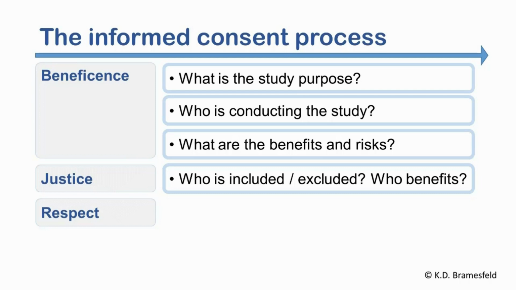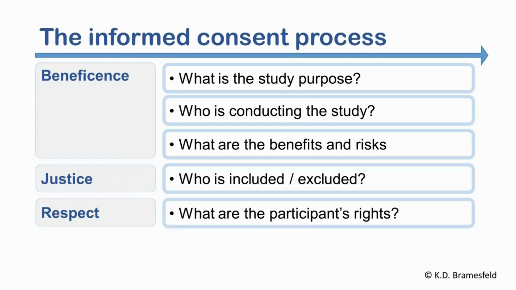So if this is a treatment that's thought to be beneficial, why are some people being excluded from it? If this is a study that is thought to have certain risks, why are only some participants being recruited? And then again, respect for people's rights and dignities, reminding people of those rights.